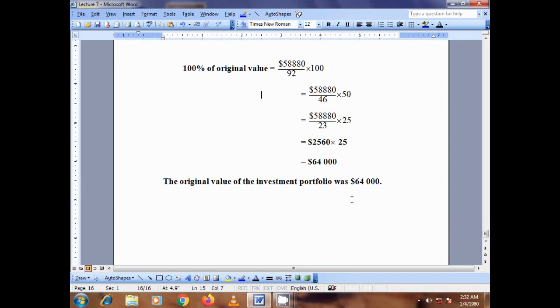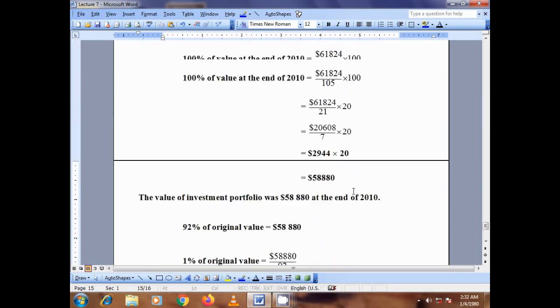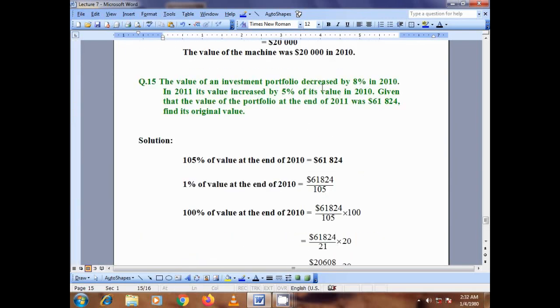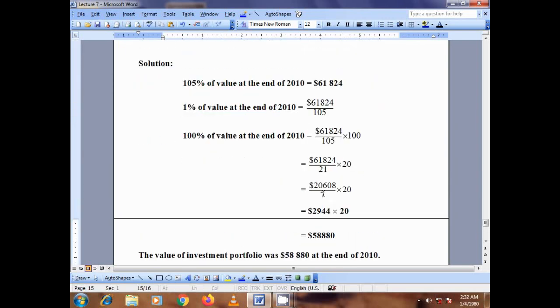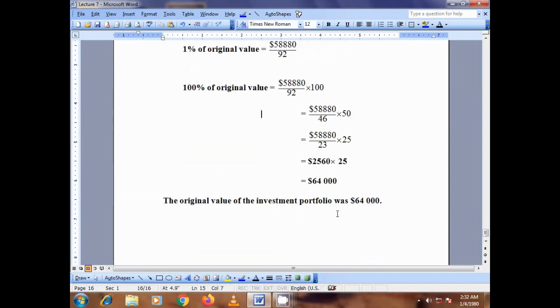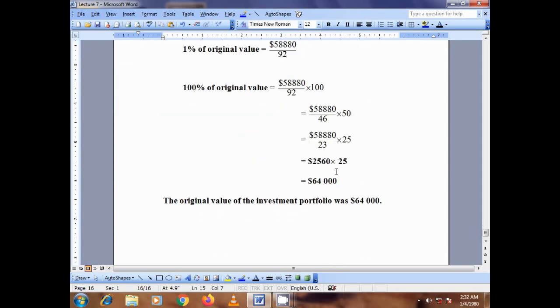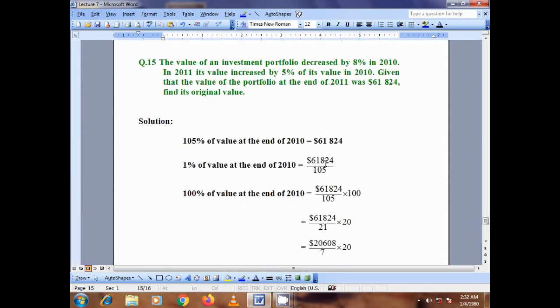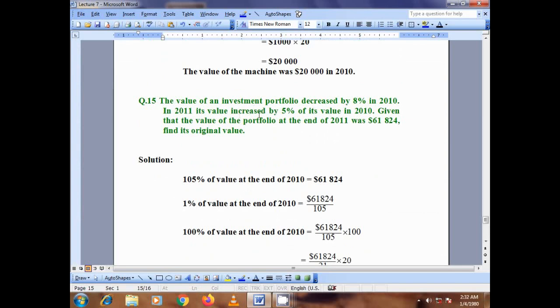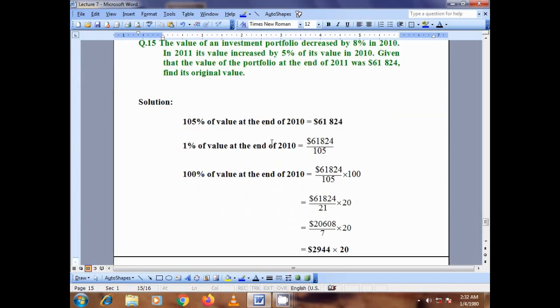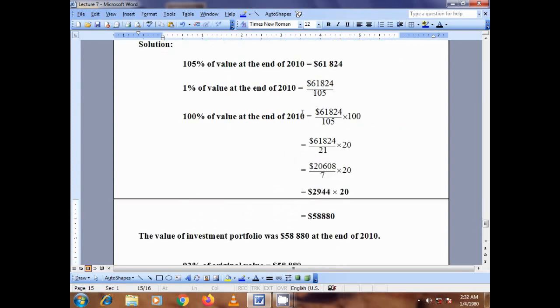So this is the required value. The original value of the investment portfolio was $64,000, and then after a decrease of 8%, the value became $58,880 from $64,000.